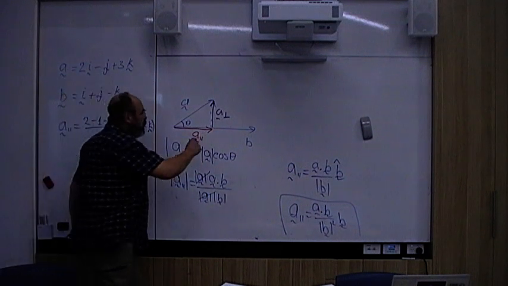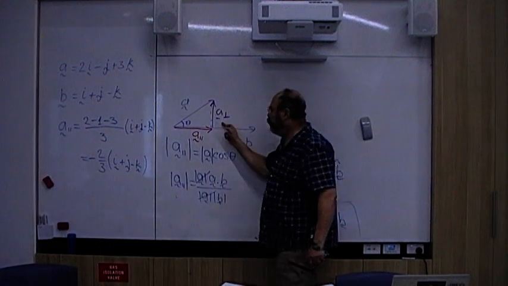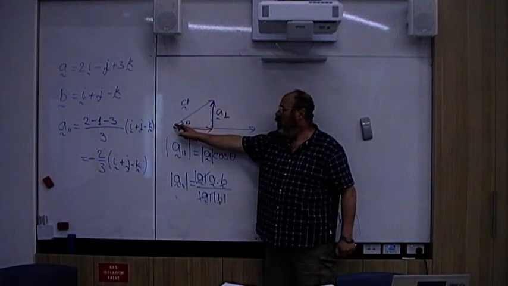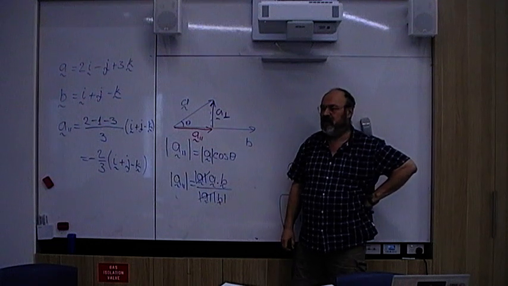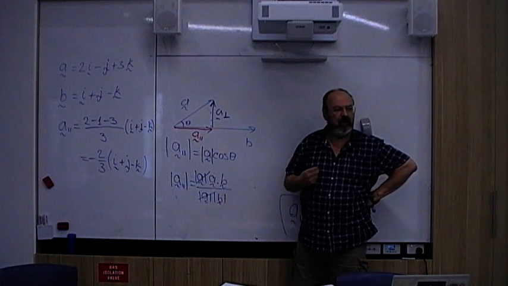So, how can we find the perpendicular resolute if we know the vector itself and the parallel resolution? Not Pythagoras, we're not looking for the length of a vector.